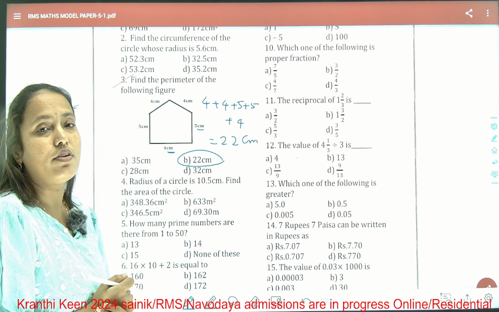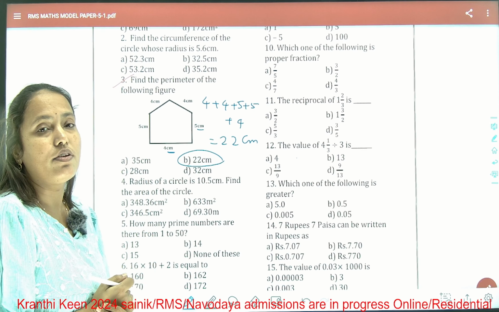The answer is 60 degrees. This question is also important, and what will the students take here directly? Here also they will take 110, and next they will do 110 plus 50, 160. 180 minus 160 they will take, giving 130 degrees like that.